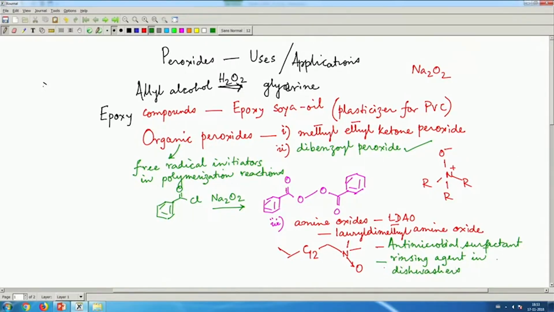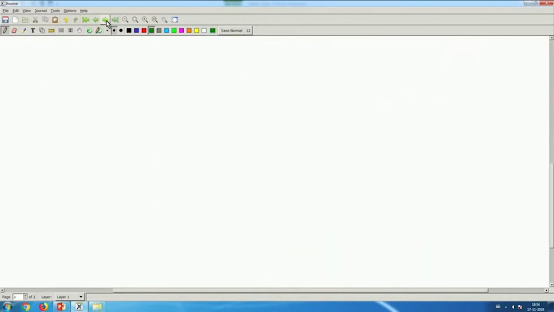The antimicrobial surfactant gives protection against E. coli or other bacteria and gives rise to some detergent-type activity. So, it is a special class of detergent making, which also depends on this amine oxide formation. We also get other applications like paper production or water purification.